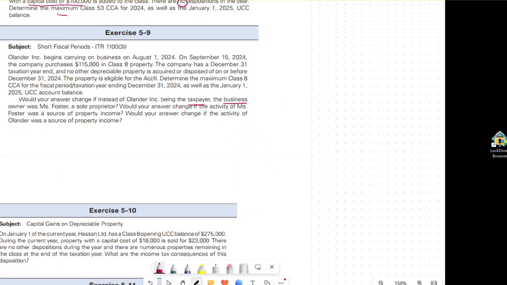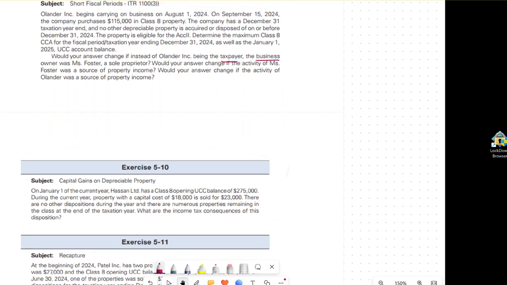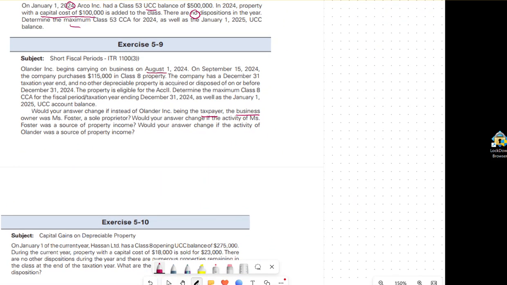So before we go, I started off with when we began our operation. When did we begin our operation? On August 1st, 2024. On September 1st we purchased something, and it is a class 8, and the year end is December 31st.